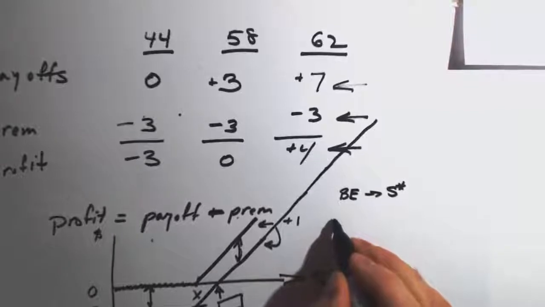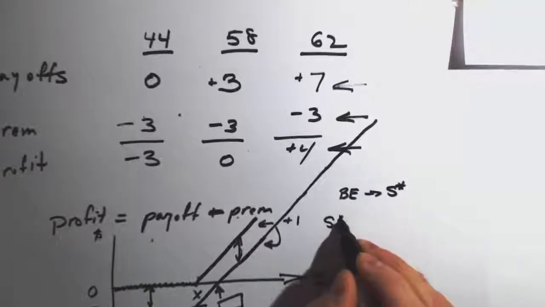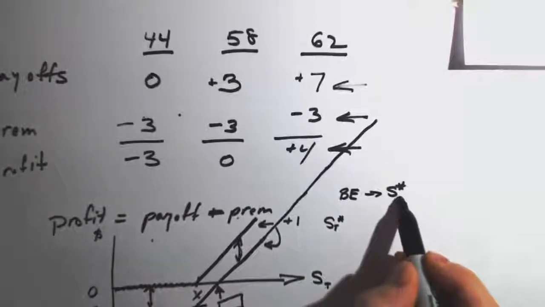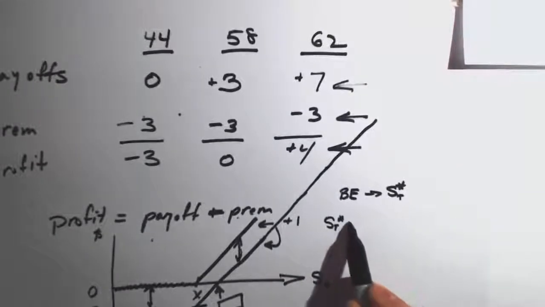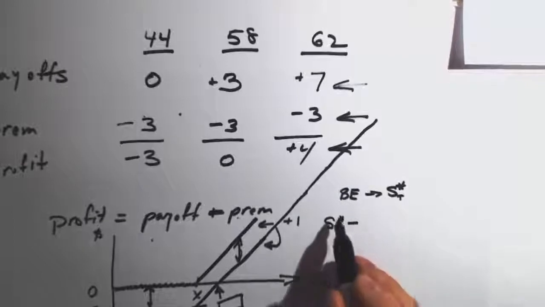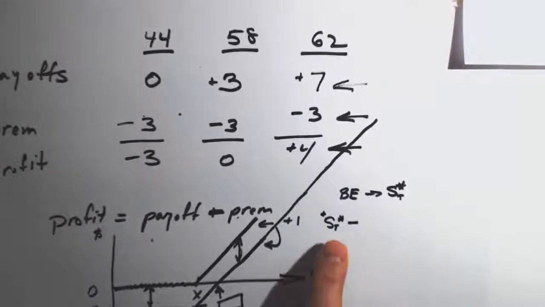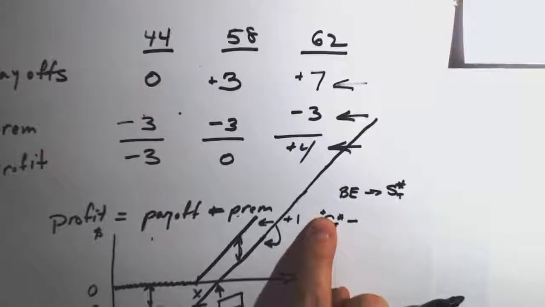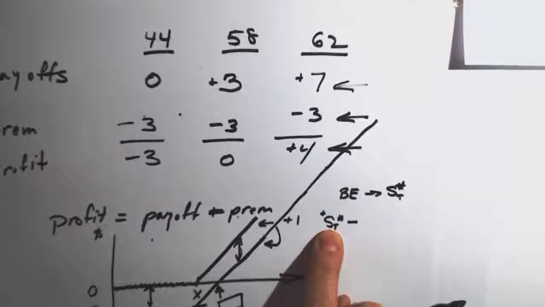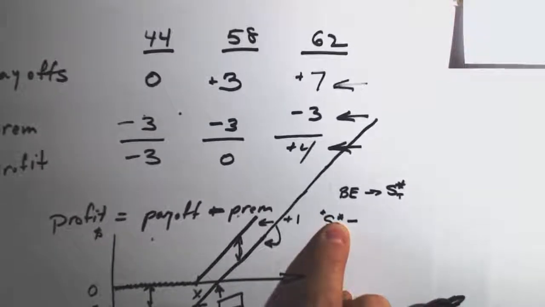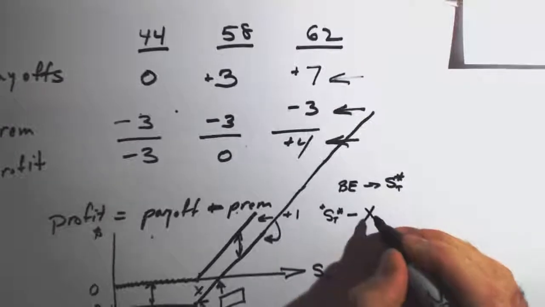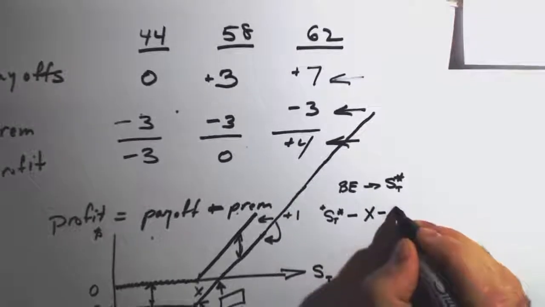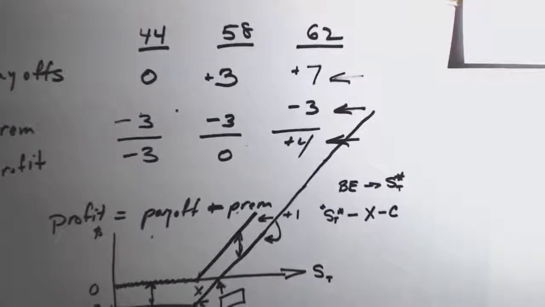And the way we figure that out is we take S_T at expiration. There should be a little T here, capital T. The stock price at expiration, this is the stock that we would get when you exercise the call, and this is the break-even one with the little asterisk here, minus the exercise price that you're going to pay, minus the premium you pay for the call.